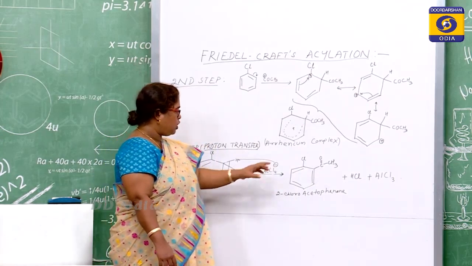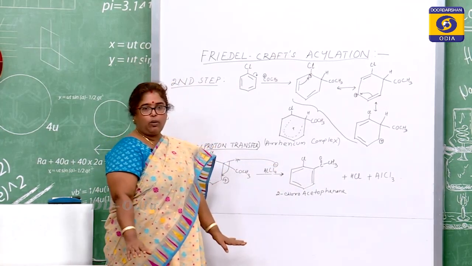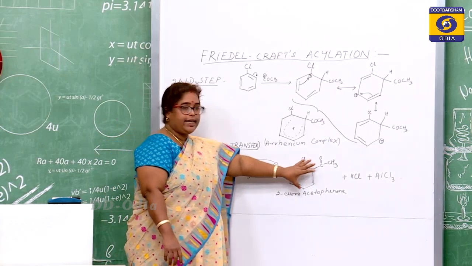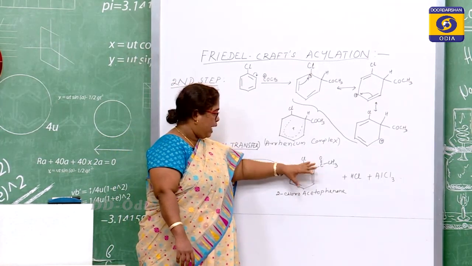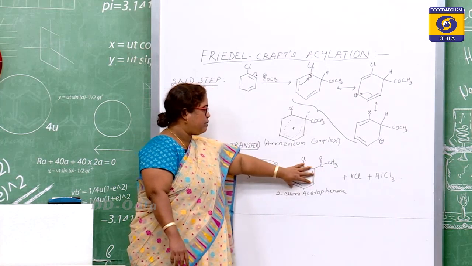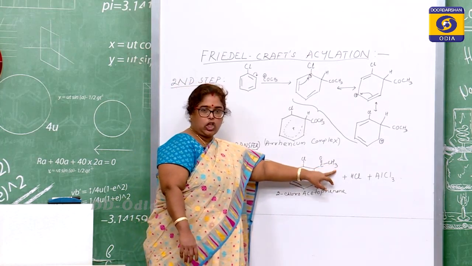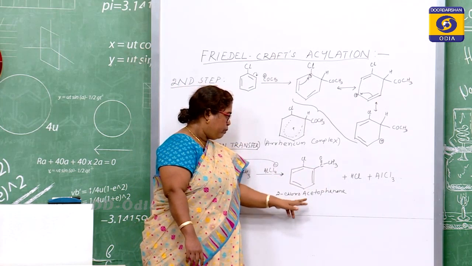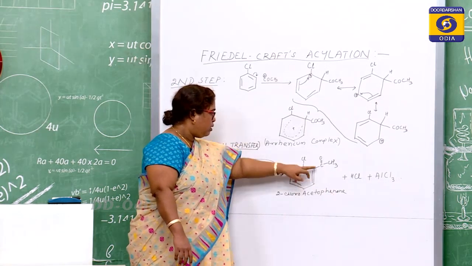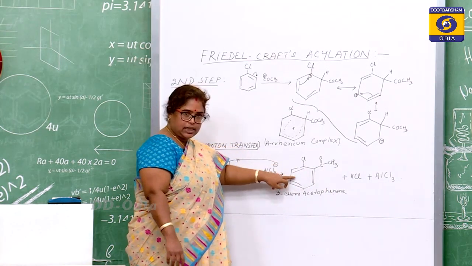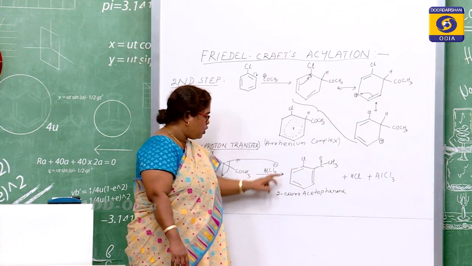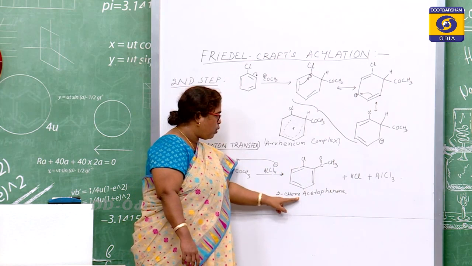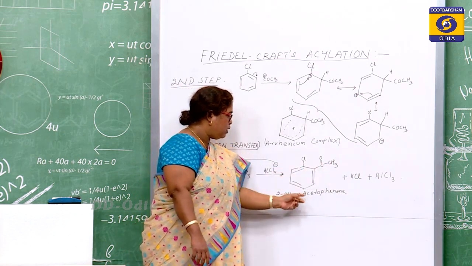This product is 2-chloroacetophenone. You may see that it has a ketone group, because C double bond O and on another side the C6H5 ring, and here the CH3. So, it is the phenyl group, C6H5, where a chlorine atom is joined to it. So, the name is 2-chloro and CH3CO, the acetyl group.